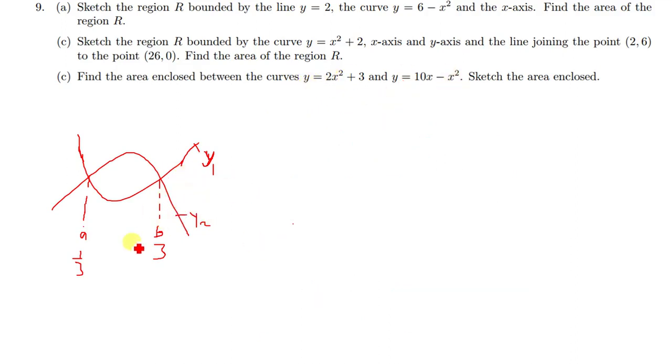So to find the area, we get the curve which is on top minus the curve which is down. So the integral of which one is the curve on top? The curve on top is y2, which is this one here. So we're going to have 10x minus x squared minus the curve that is down, which is 2x squared minus 3.